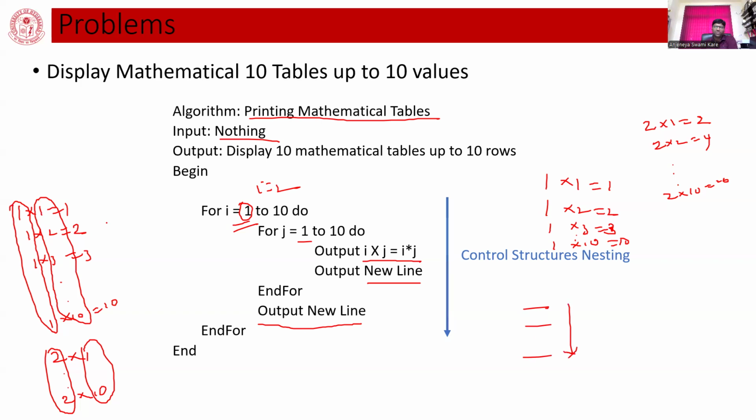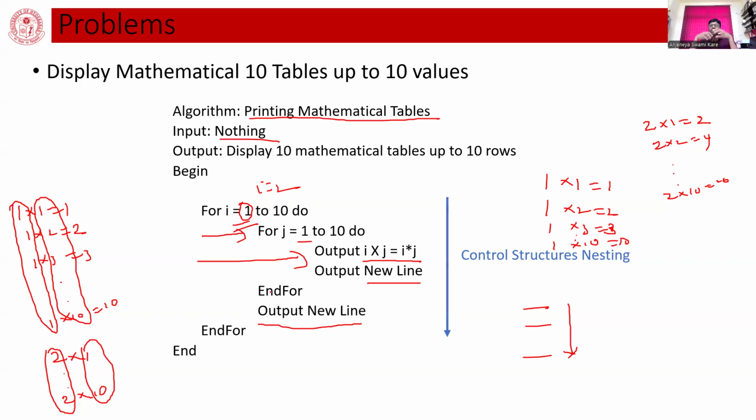Here you can also see indentation. And there is also control structure nesting: one for statement inside another for statement, and also a selection statement inside for. This is called control structure nesting.